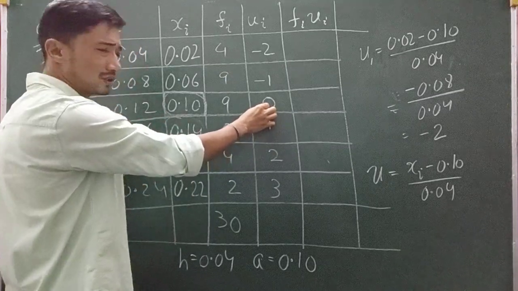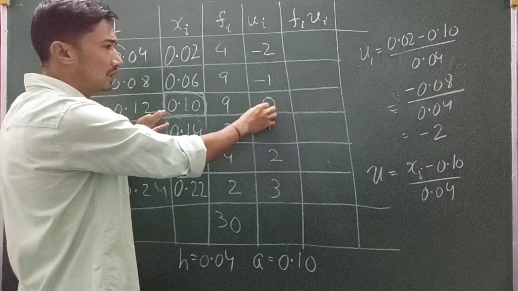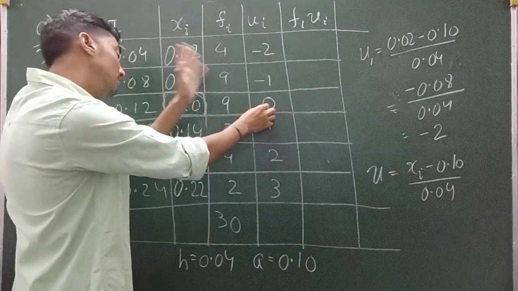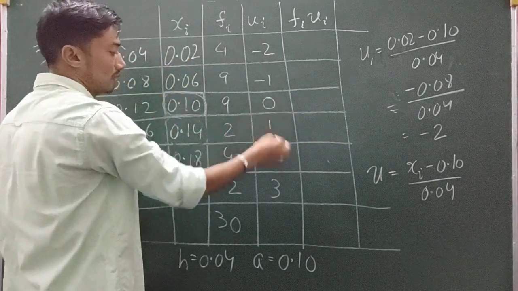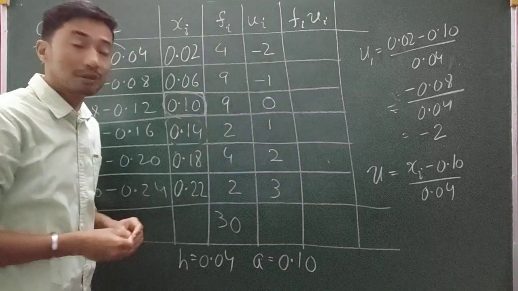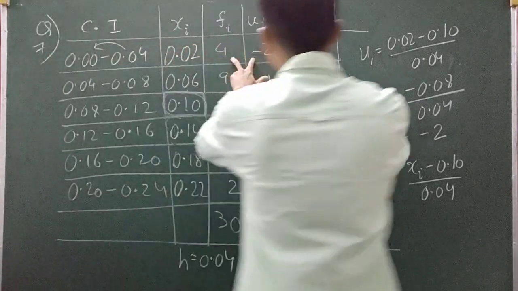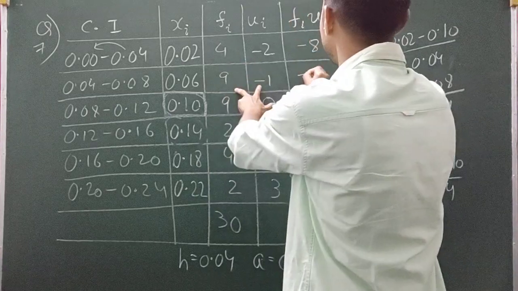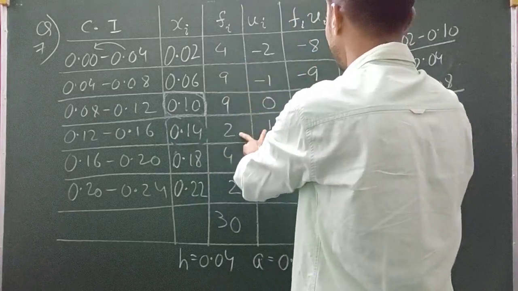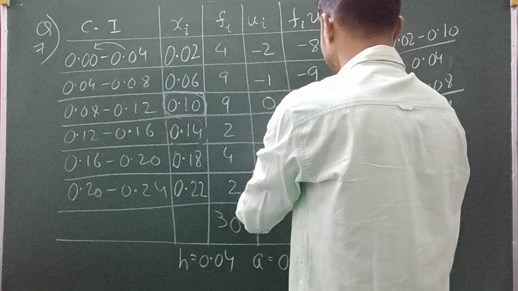Even if the class width is 10, 5, 15, 20, unlike the assumed mean method, you will just increase by 1 each: 0, 1, 2, 3, up, and minus 1, minus 2. That's why I was telling you, you have very simple calculations here. That's the advantage of this step deviation method.